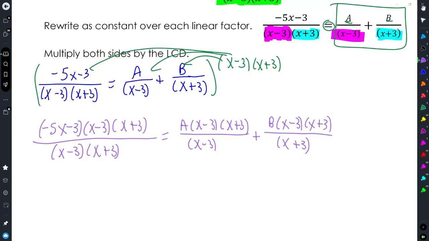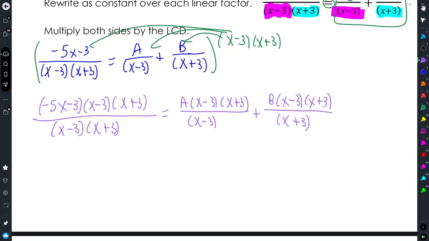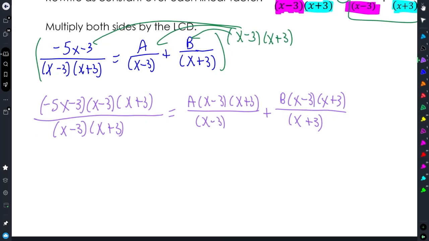Okay, now we can cross off factors from the numerator and denominator. So when we do that, the x minus 3 and x plus 3 cancel for the left side. So we get negative 5x minus 3 equals, the x minus 3's cancel off for a, so we have a times x plus 3.